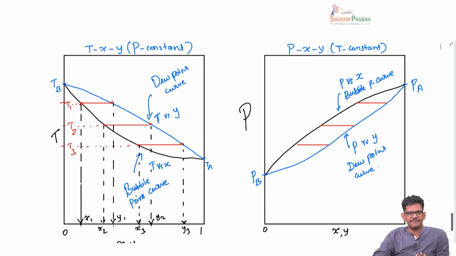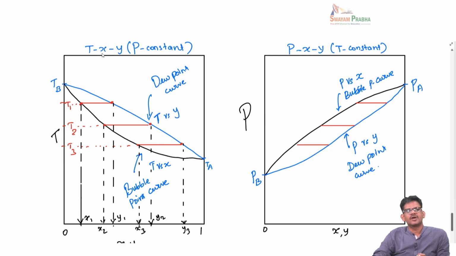What I have shown on the left hand side is, at a constant pressure, the relationship between temperature, X and Y. X and Y are the mole fractions of component A in the liquid phase and the vapor phase respectively. X refers to the liquid phase, Y refers to the vapor phase.